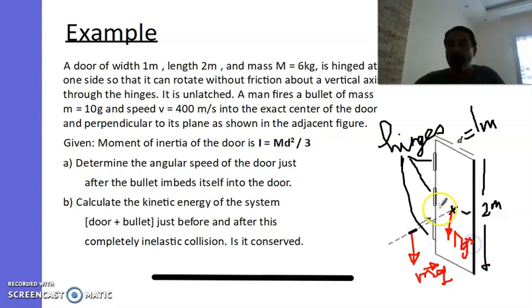And we have the reaction of the hinges, R. But notice, the three forces, the two weights and R, are vertical forces, meaning they are parallel to the axis delta. Here is delta. Consequently, the moment of these forces is zero. So the sum of moments is zero, meaning angular momentum is conserved.